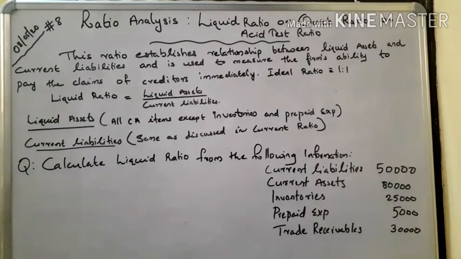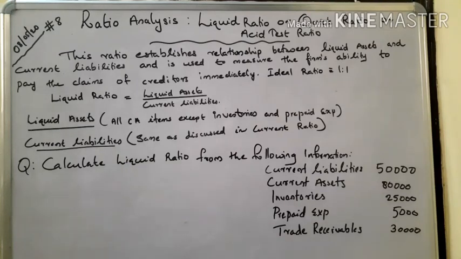Then we mainly prepare this ratio to find out the firm's ability or capacity to pay off liabilities like creditors immediately. That means how much liquid assets they have to pay off their current liabilities.